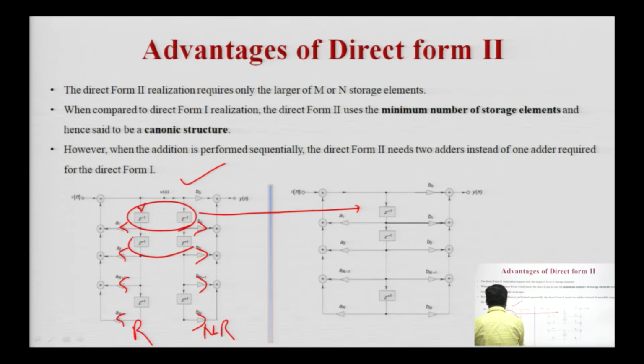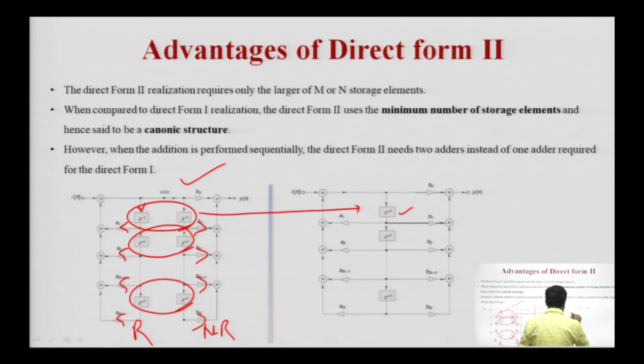Similarly, if we combine this one, so it will be this one. Similarly, if you combine in this way into single one, so your two delay elements are converted into single. So, in direct form 1, if you needed 6 delay elements, here your 3 delay elements are sufficient for direct form 2 structure.